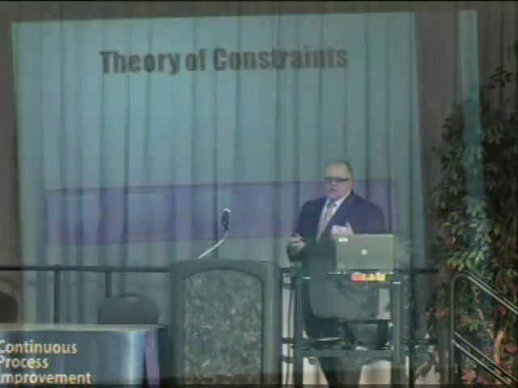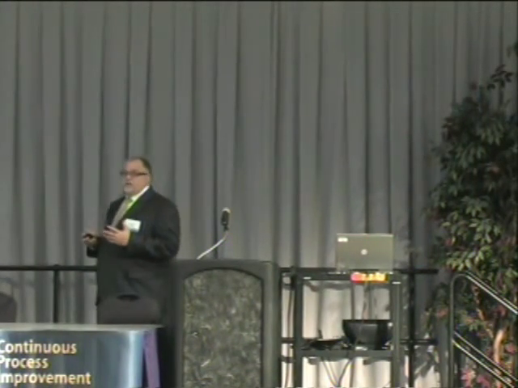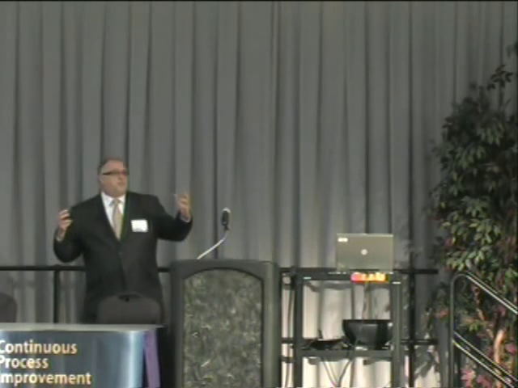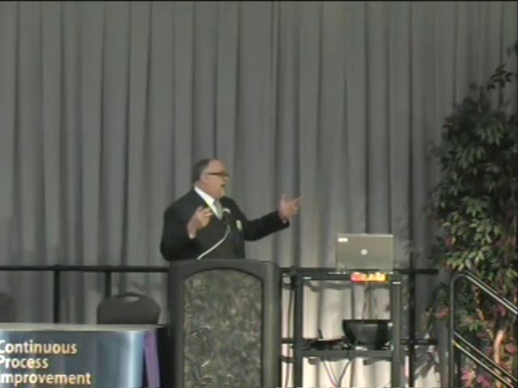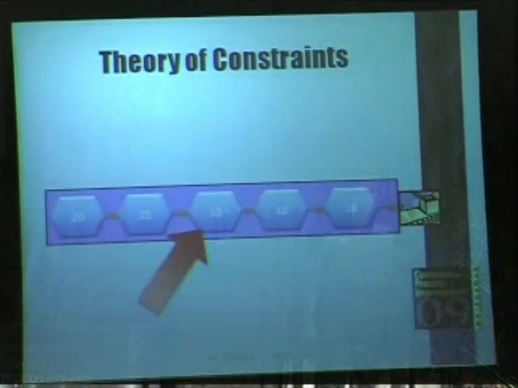Now, TLS starts with the theory of constraints, of course. The idea in the theory of constraints is to look at your process and the outcome of that process and try and find the limiting factor. If I looked at my process that I have here, you would see that if each number represented the capacity of a specific resource, and I wanted to improve the output of the process, I would focus on that resource right there that has the least amount of capacity.